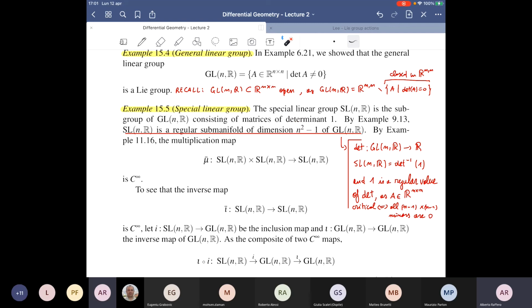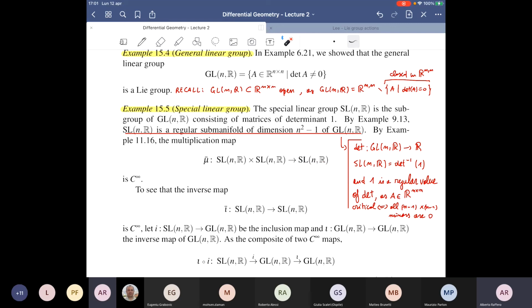Moreover, the multiplication map is smooth. This is because if you multiply two matrices in SL_n(R), you get another matrix with determinant 1, so it is again in SL_n(R).